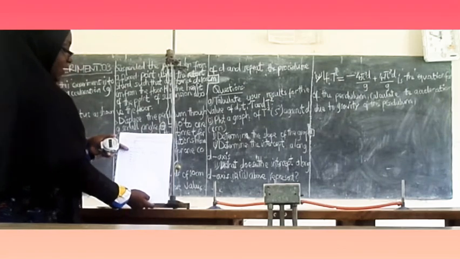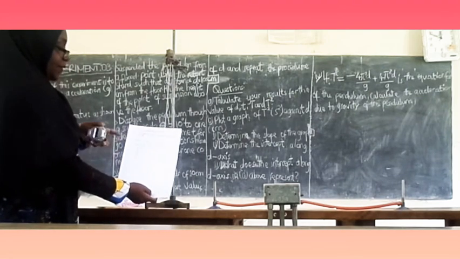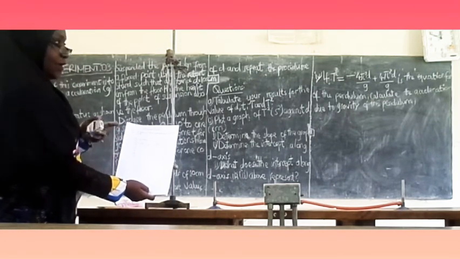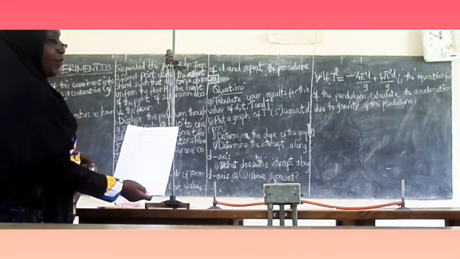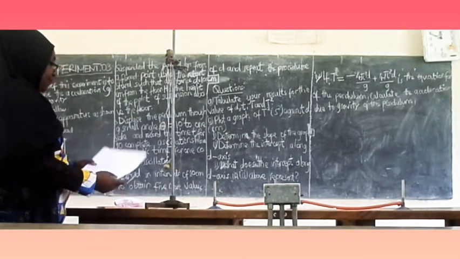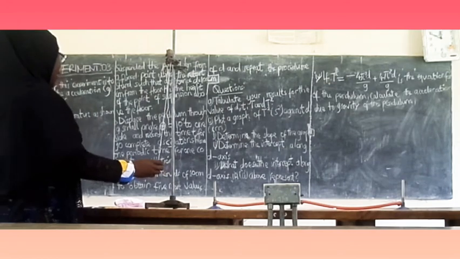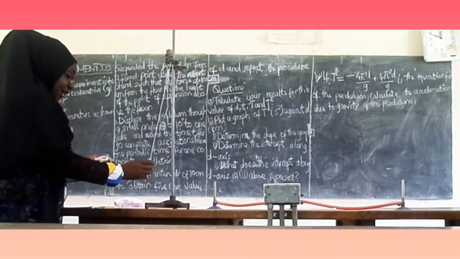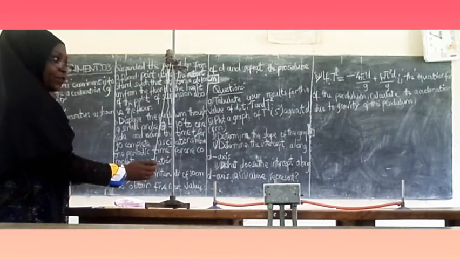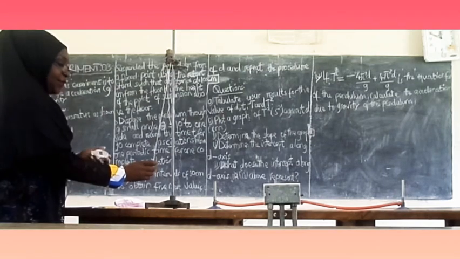This is the table of results containing rows and columns for the table of values. So, let me start counting 10 oscillations. For each 10 oscillations, record the time. Okay?